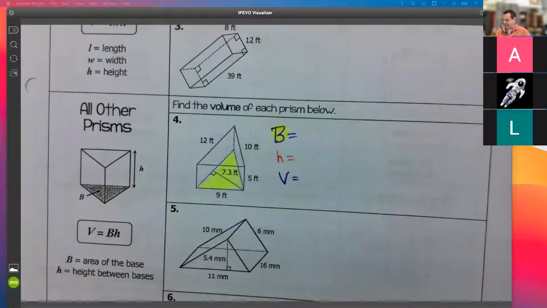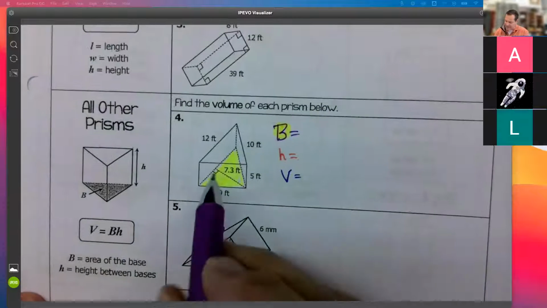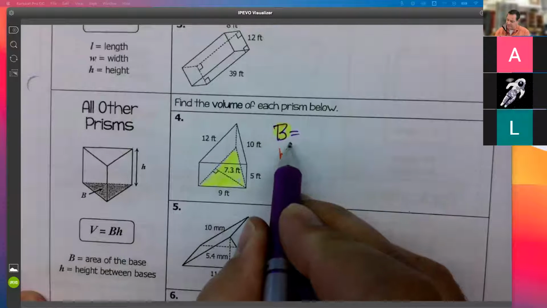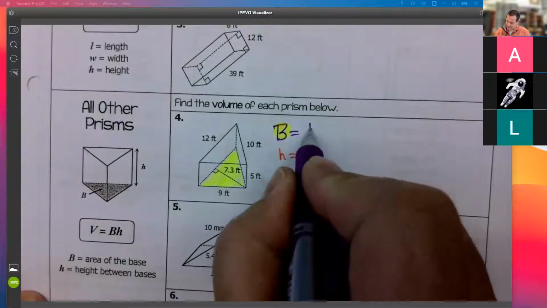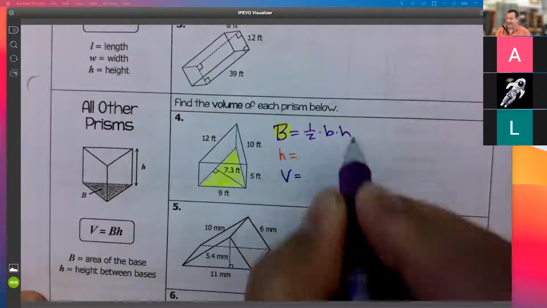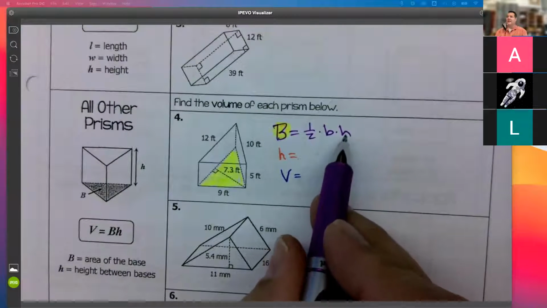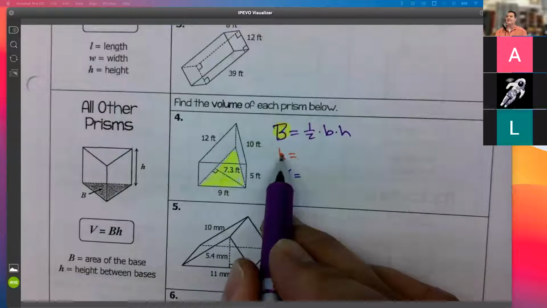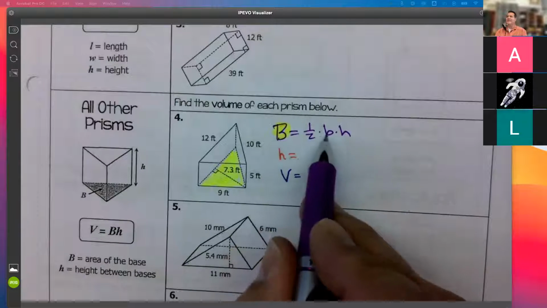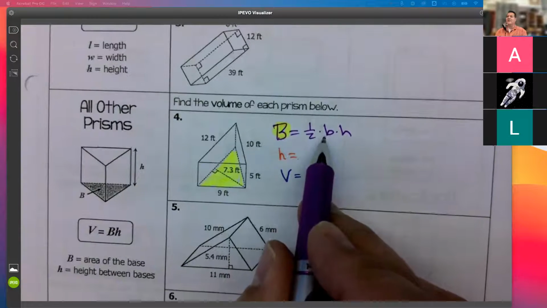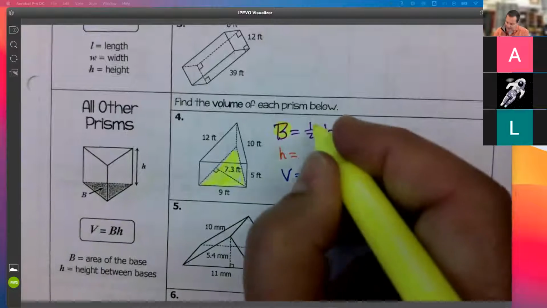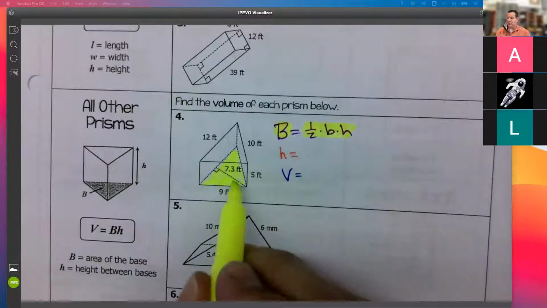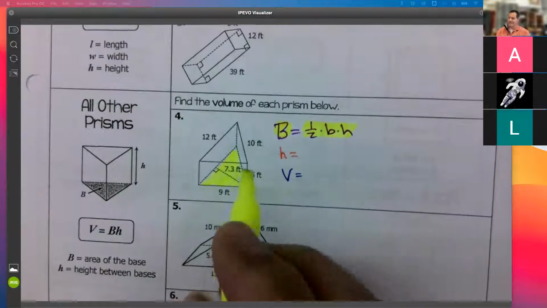And when I'm looking for that big B, that's what I'm looking for, is the area of that base shape. So what is the formula for the area of a triangle? Yeah, 1/2 base times height. And I know it gets confusing because we've got this purple H for height and this red H for height and this big B for base and this little b for base, and that gets all confusing. But again, this first thing we're looking for, the capital B, is just this two-dimensional figure.